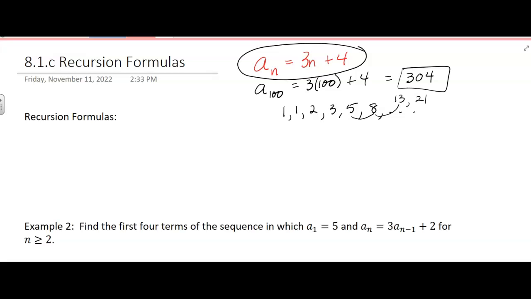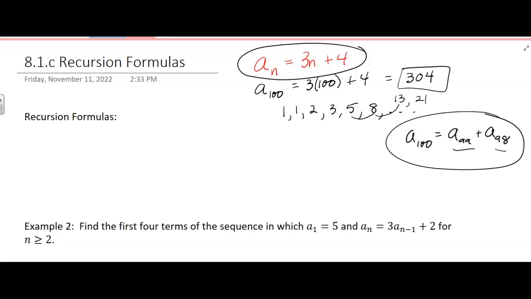Well, now if I want to find the 100th term, that's going to be kind of hard because I have to find terms 99 and 98. A sub 100 would be a sub 99 plus a sub 98, right? Take the two previous terms and add them. Well, you don't know what these two terms are, right?